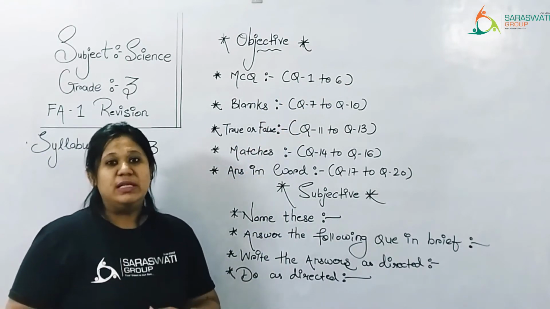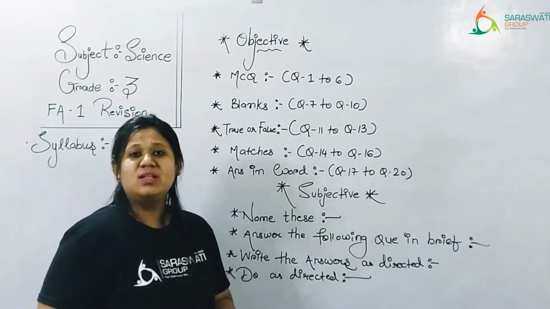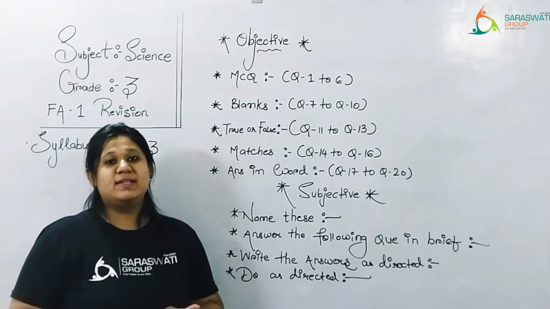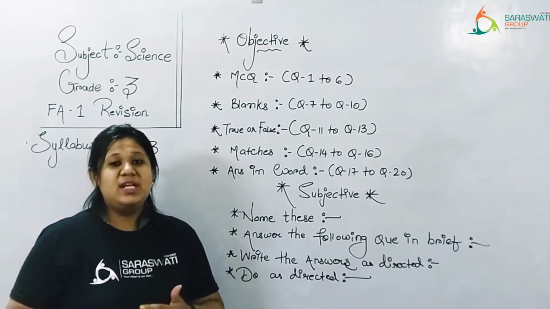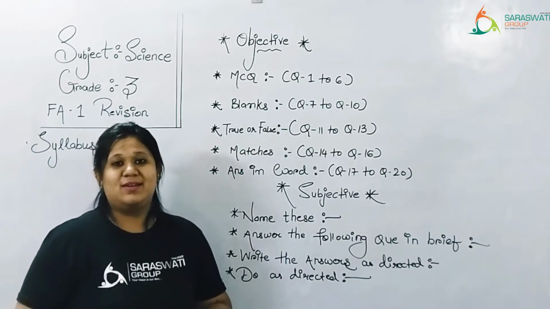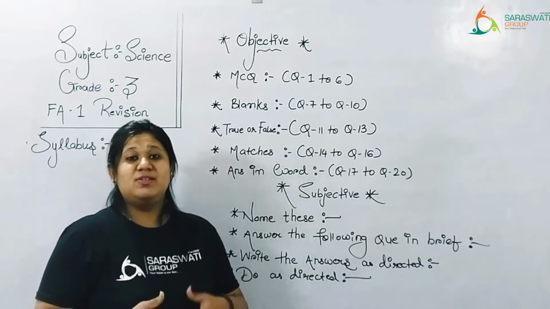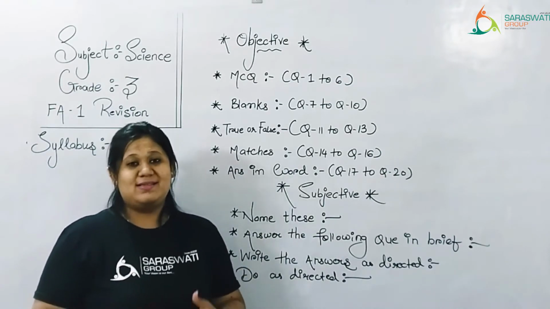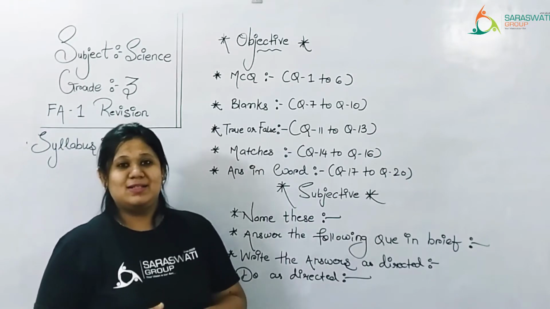You need to select one appropriate answer. There are 4 options given. Please read it 2-3 times and then confirm your answer. Even I still make mistakes in online exams, so please read it twice, thrice and then answer it, okay?